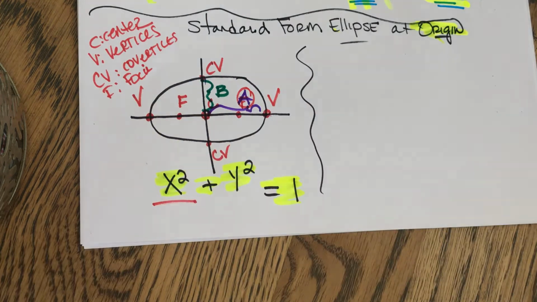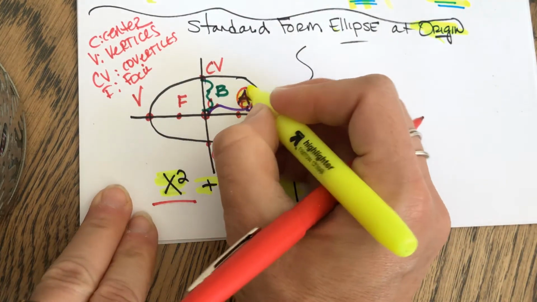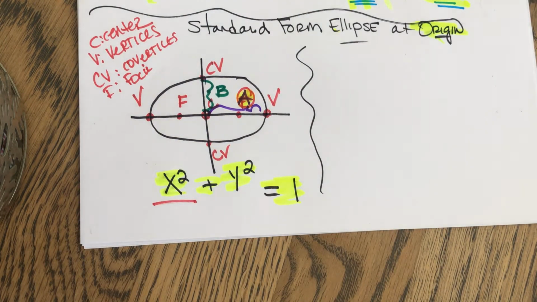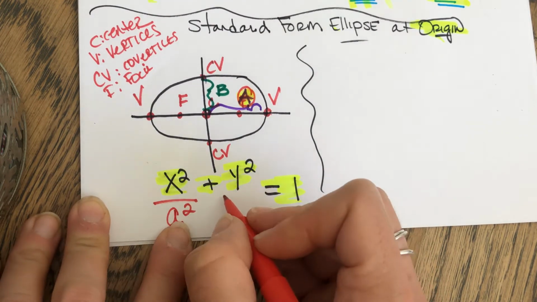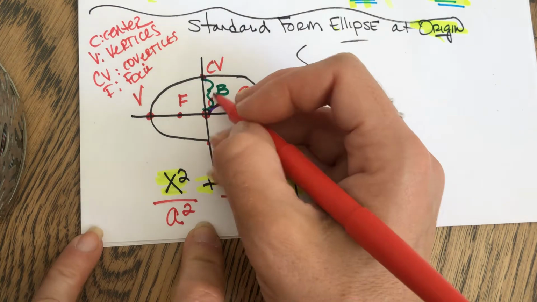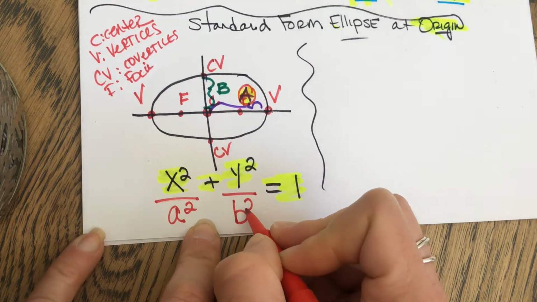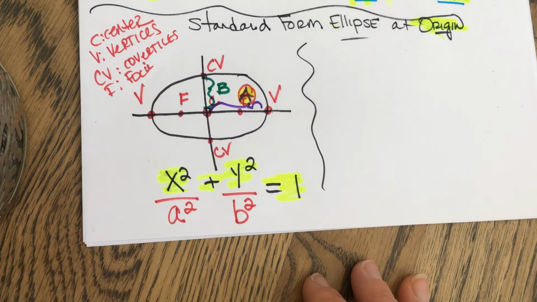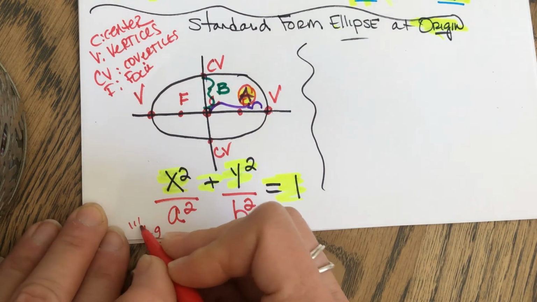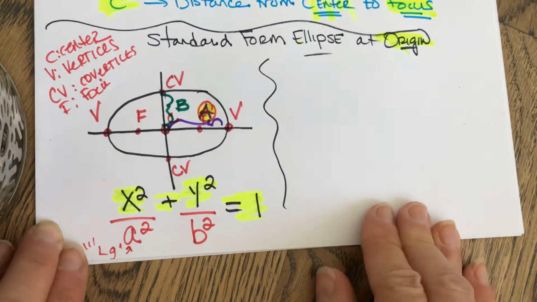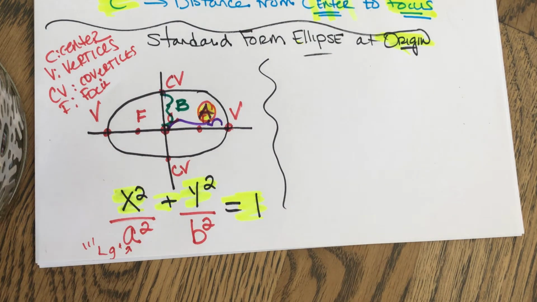A is longer here, correct? The distance from the A, and you're going to understand this in a moment. So A squared is going to go here, and then what's going to go here is going to be your B squared value. Okay, so try to remember the longer one is going to go first. Now let's take a look at what the other way would look.